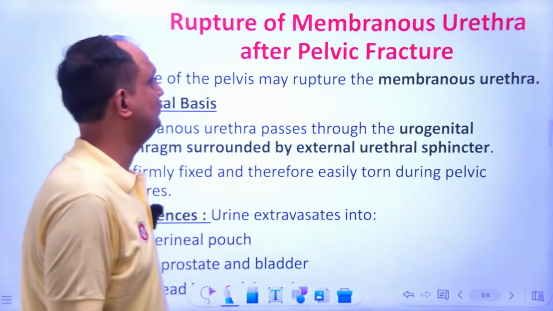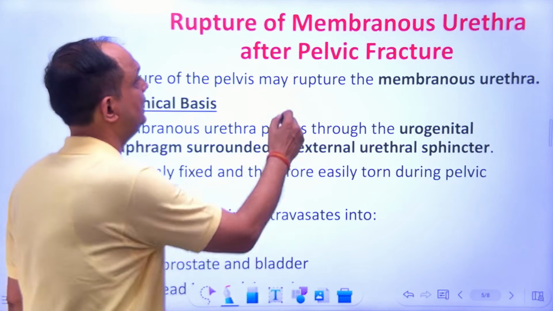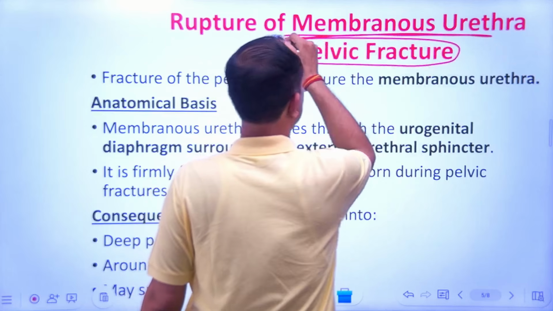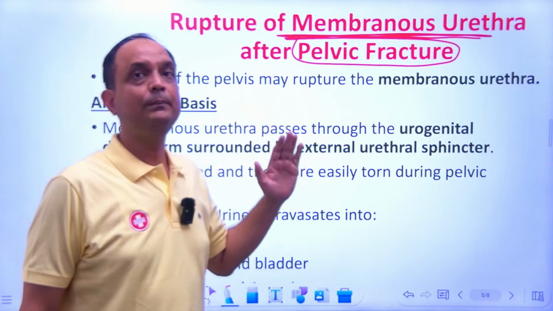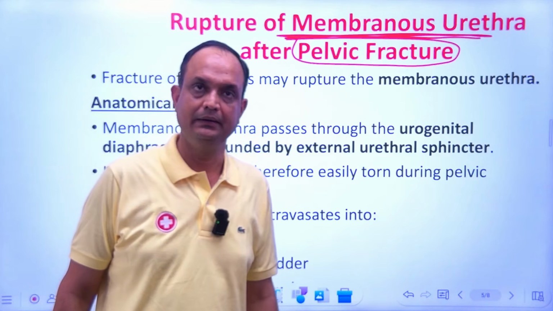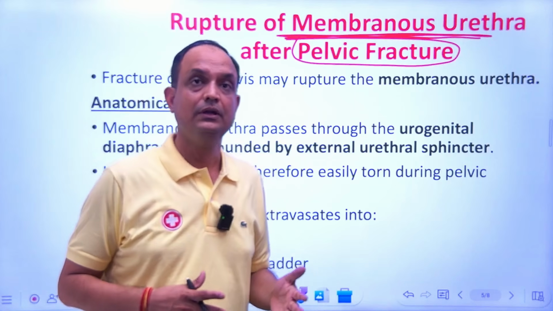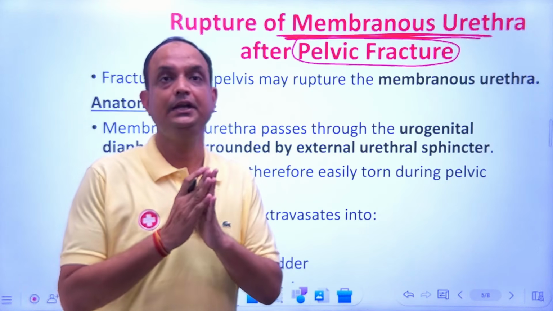The next question was about the injury of the membranous urethra after a pelvic fracture. Now when you talk about the membranous urethra, in this question one point is not clear, the status of the perineal membrane. Because the perineal membrane is not clear in the question, we are supposing that the perineal membrane is intact.